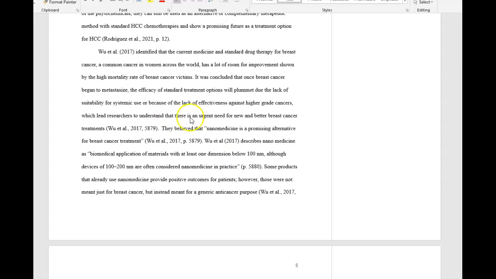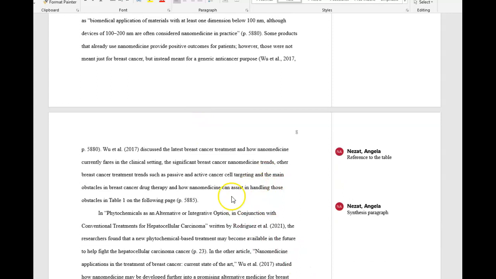okay, I'm going to pick a particular chart, a particular table that, in this case, the student explains right here. Wu et al. 2017 discussed the latest breast cancer treatment and how nanomedicine currently fares in the clinical setting, the significant breast cancer nanomedicine trends, other breast cancer treatment trends such as passive and active cancer cell targeting, and the main obstacles in cancer drug therapy and how nanomedicine can assist in handling those obstacles in Table 1 on the following page.